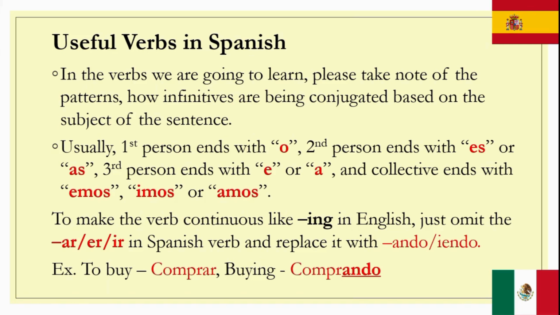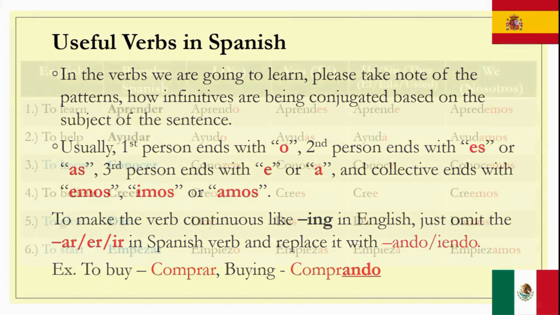To make it progressive or continuous, just put ando in place of the AR. It becomes comprando. Okay? And this doesn't work on gerunds or verbs that speak about possibility. It is only for the continuous form.